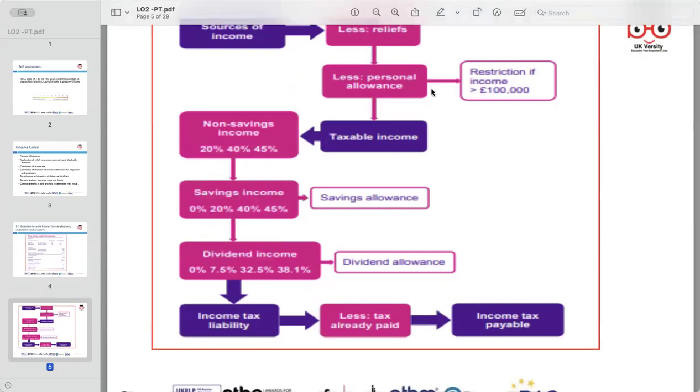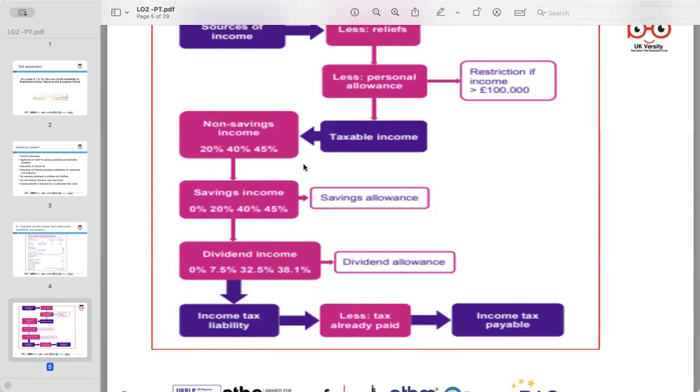Then we come to personal allowances. Individuals are entitled to a certain amount of tax-free income each year, known as the personal allowance. These allowances may be reduced for those with higher incomes, particularly if income exceeds £100,000.